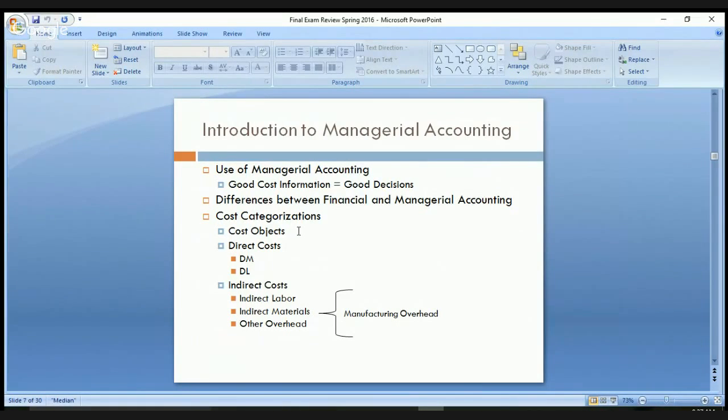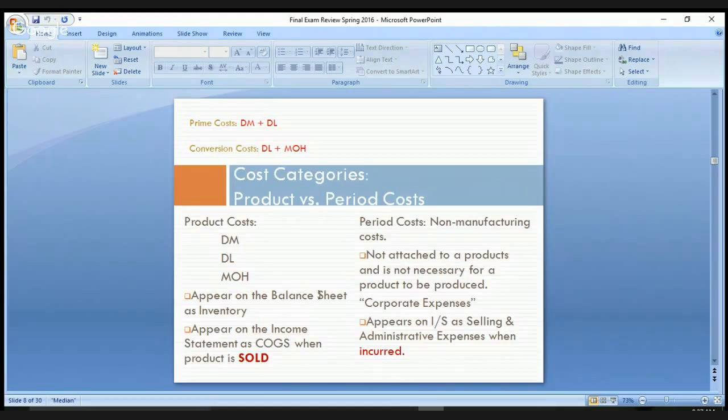You need to know about cost objects. You need to know about direct costs, which comprise direct materials and direct labor. And then overhead, which comprises indirect costs, which is the indirect labor, indirect materials, and other overhead. You're going to also need to know how to identify which ones are direct and indirect and so forth.